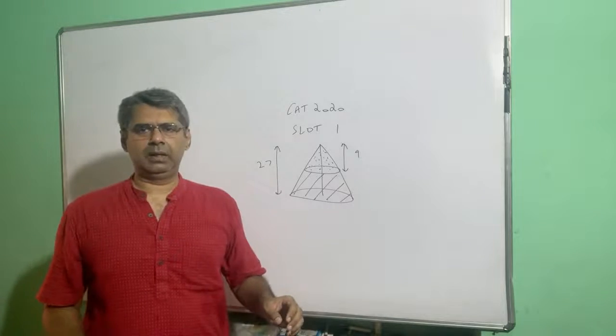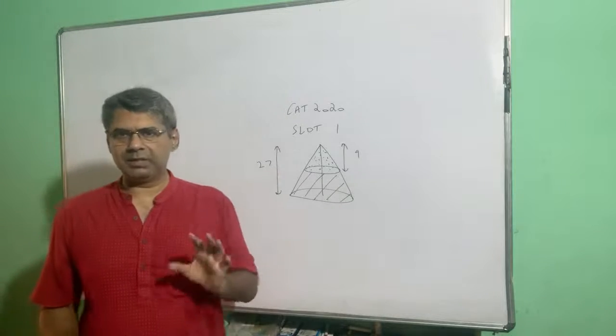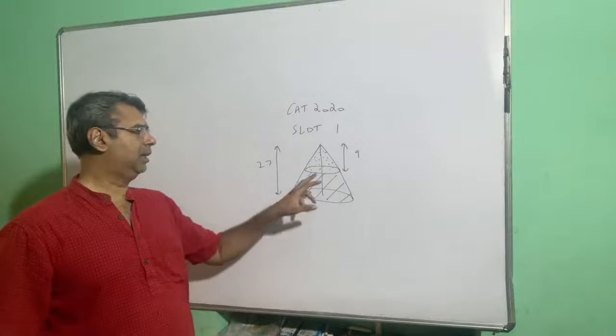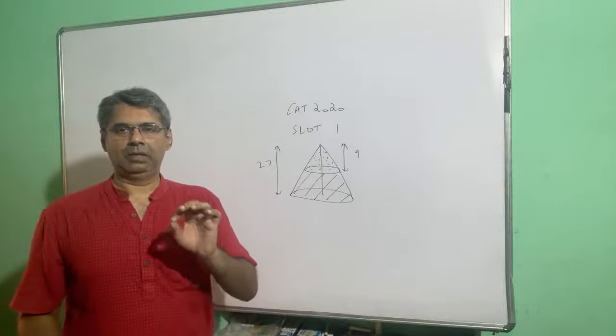The concept is very simple. The ratio of the heights will be the same as the ratio of the radii of the bases.